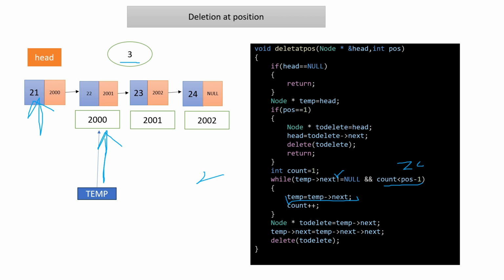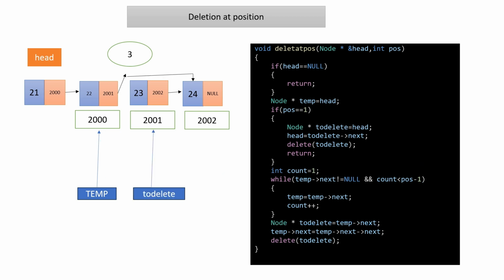It means that we break the loop, and now the next line shows that we save our to delete node as the temp next node. So here to delete node will point over here, and our temp is here, and our temp next saves the address of the temp next to next node.